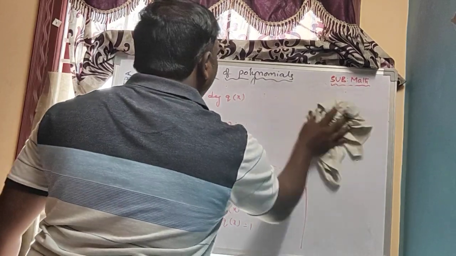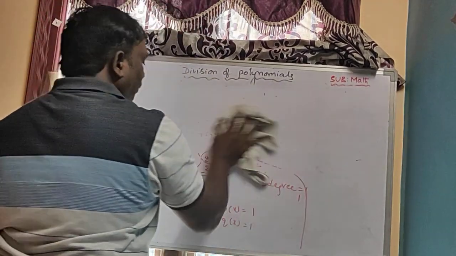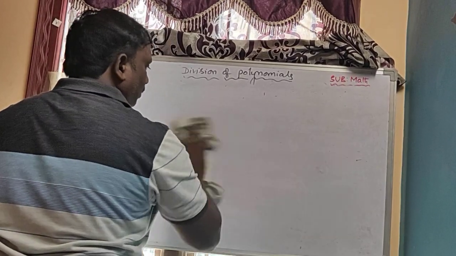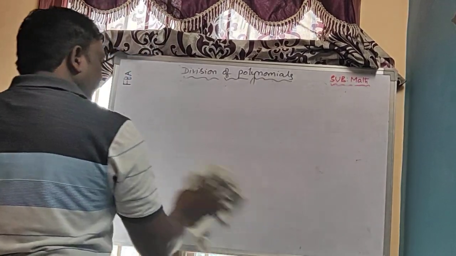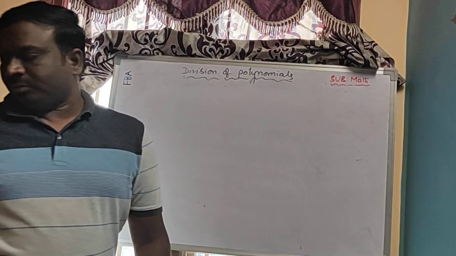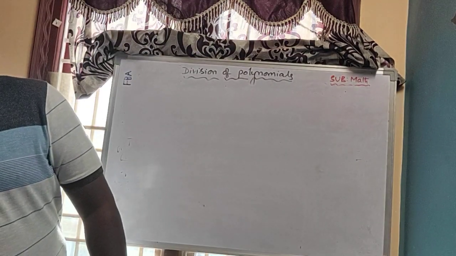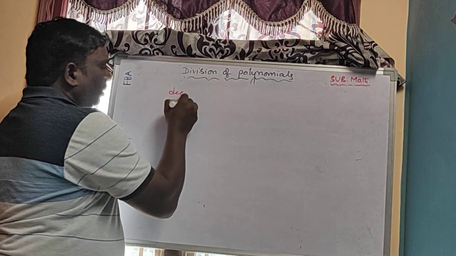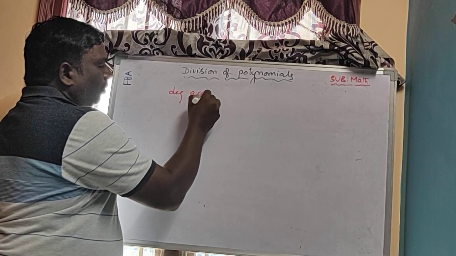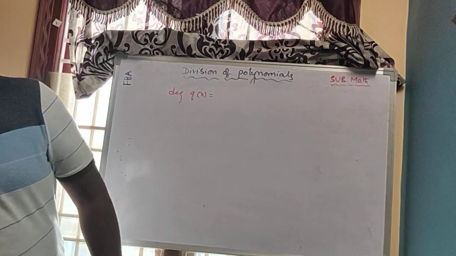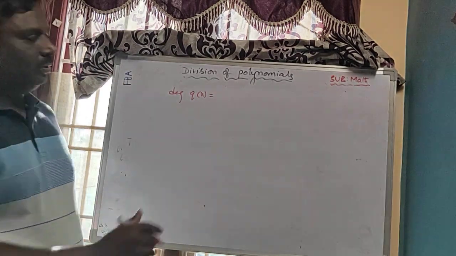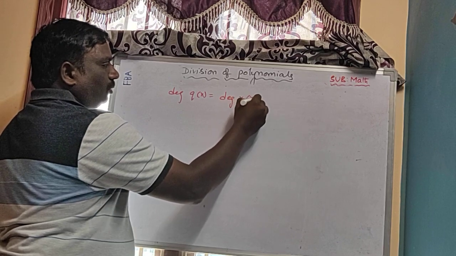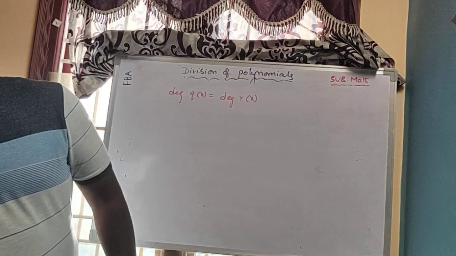Now if you go for the second question, what is the second question? Degree of q of x equal to degree of r of x.